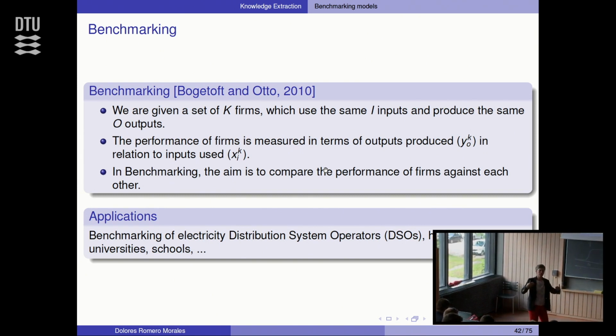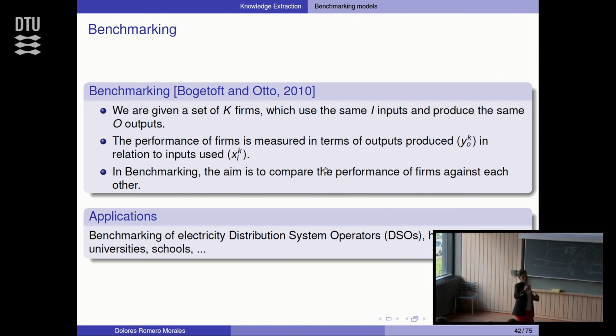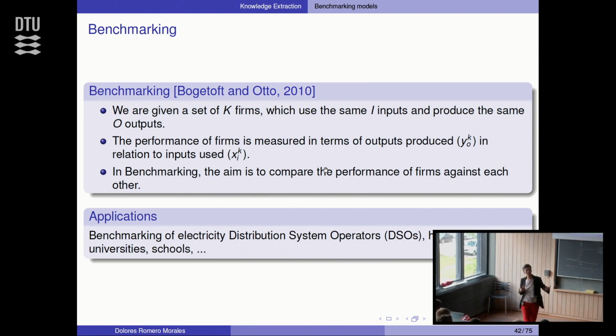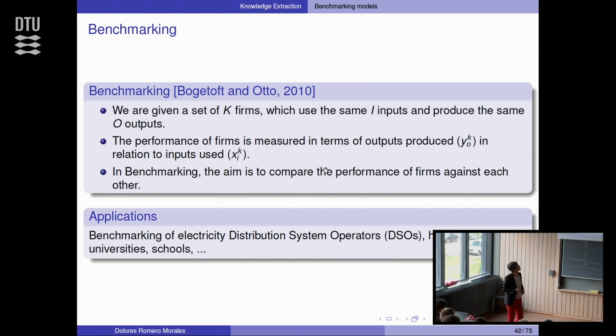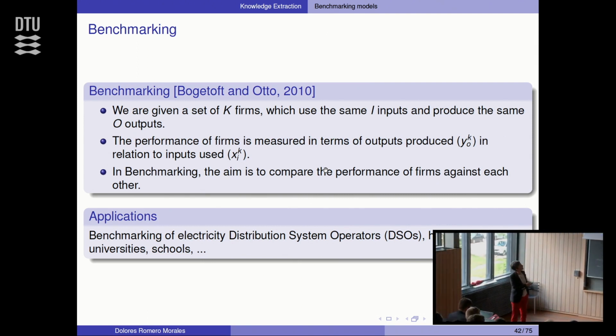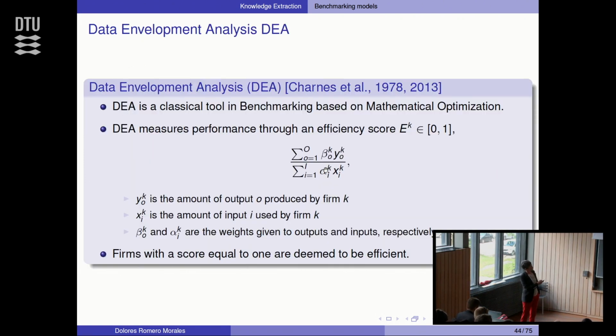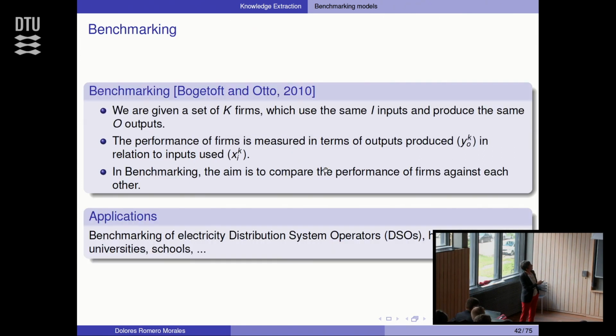Normally I will be using more inputs or less inputs than another firm, and I will be producing more output or less output. So if I want to do benchmarking, I have to work with a linear combination of these inputs and these outputs. Apologies, I'm having a hard time with the pointers. It's my fault.